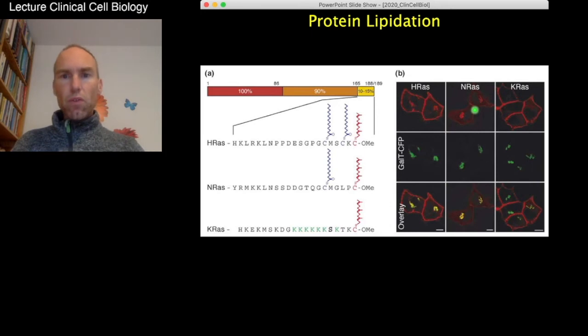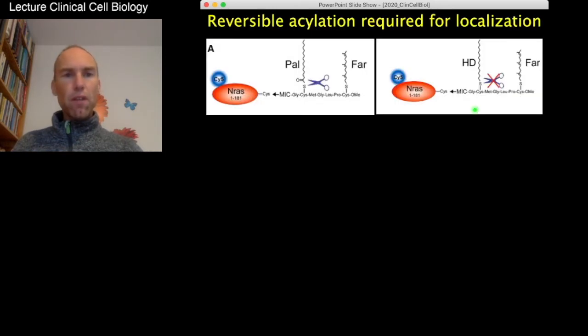Now, to look at this reversibility of the palmitoyl group, the researchers made two different variants of this protein, and this was a tremendous effort to synthesize these probes. So they made an NRAS, attached a fluorescent molecule to that, attached the farnesyl group and the palmitoyl group, which can be cleaved, indicated with the scissors, and they made this alternative variant, which has a palmitoyl group that is slightly different.